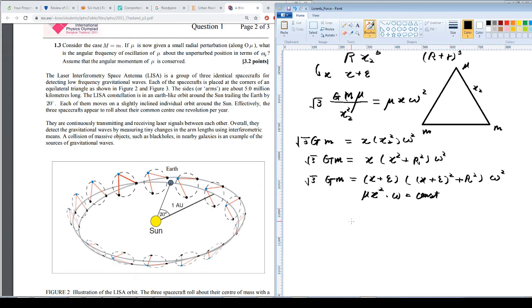Okay, so this angular momentum is equal to mu x plus epsilon squared. Let's call that omega prime.